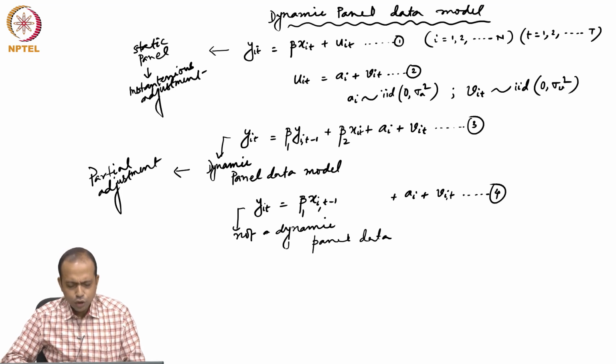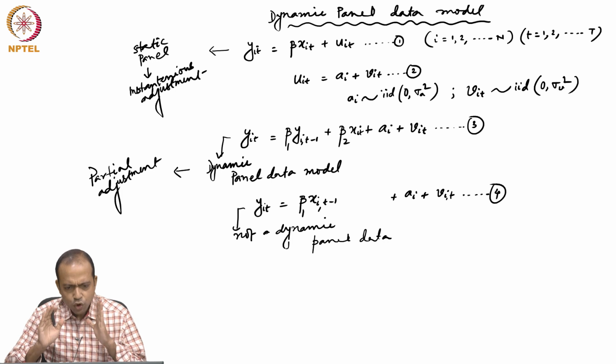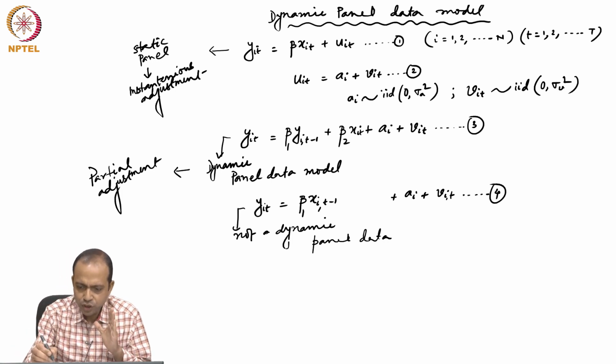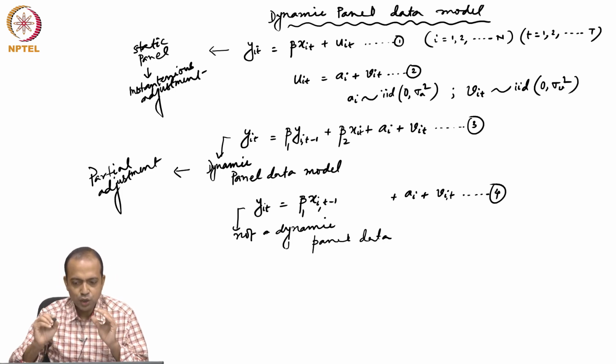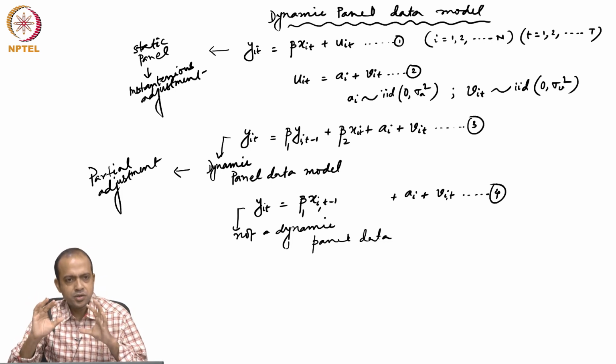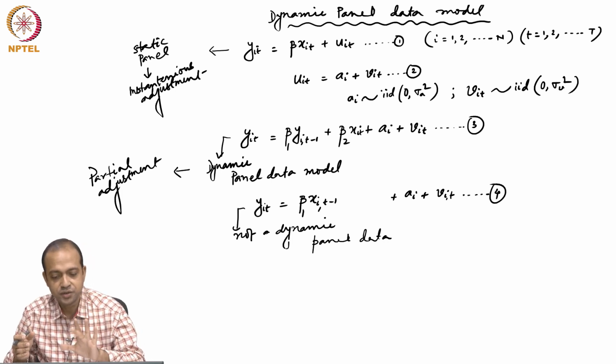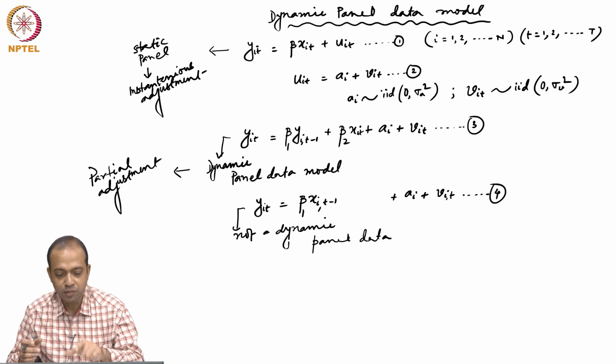Right. So, this dynamic panel data model given by equation 1 and 2 introduces a couple of problems as far as estimation is concerned, and let us try to understand the problems of applying the ordinary least square method in estimating this type of model.